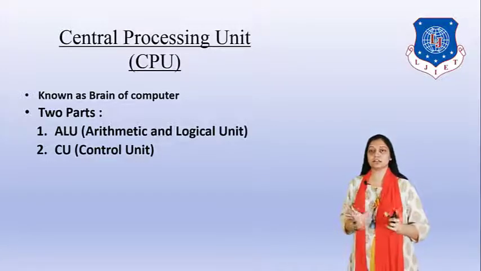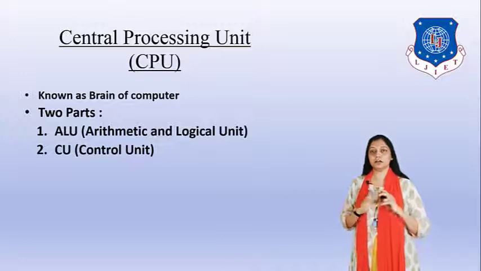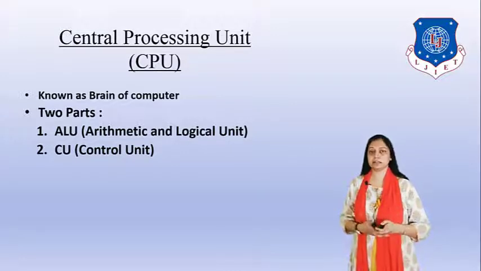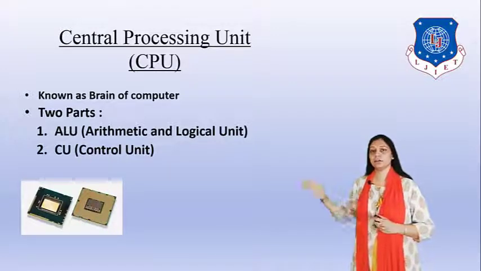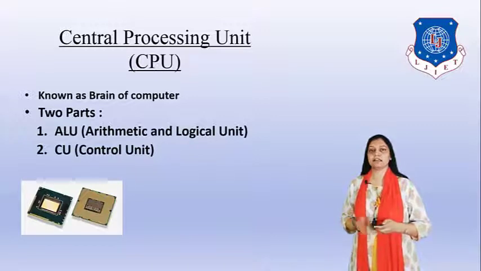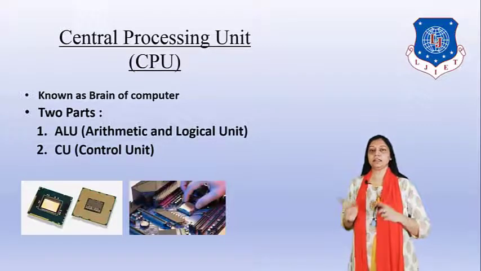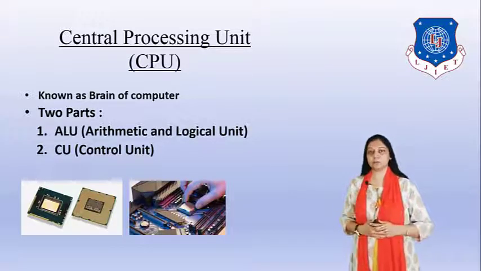All this cumulative controlling work is done by the control unit. So this is the picture of the CPU. The CPU looks this way, and it is normally fitted onto the motherboard, as you can see in the picture.